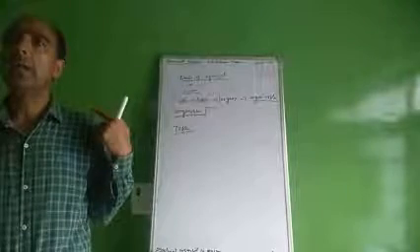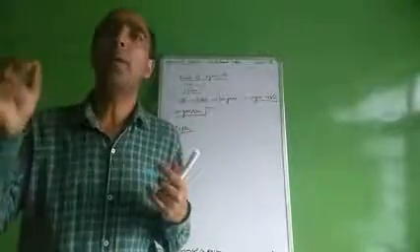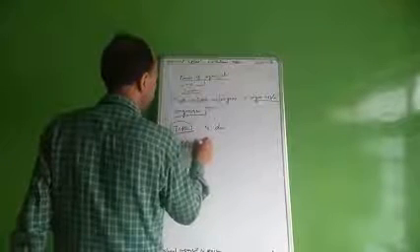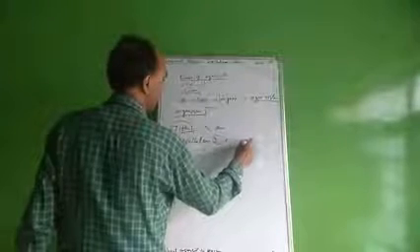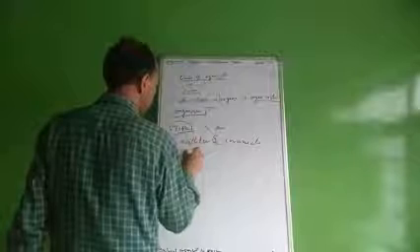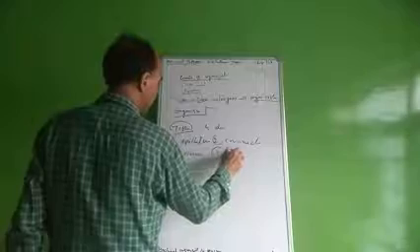You all know that the animal body is made up of four different types of tissue. First is epithelial tissue, second is connective tissue, third is nervous tissue, and fourth is muscular tissue.